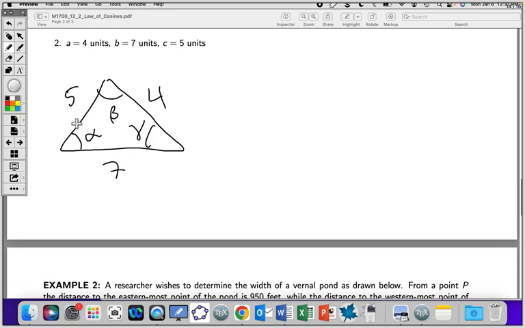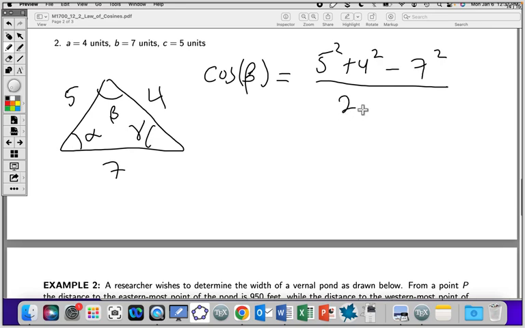So I'm going to go after angle beta. So cosine of beta equals the sum of the squares of the other 2 sides minus the square of the side opposite, over 2 times the product of the other 2 sides.